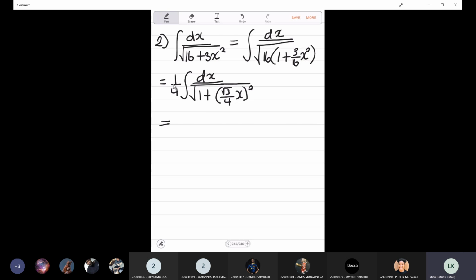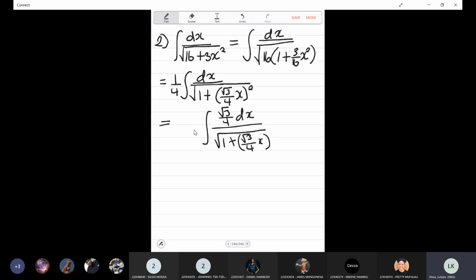So to do that, we said on top I will put the square root of 3 over 4 dx, square root of 1 plus the square root of 3 over 4 times x.